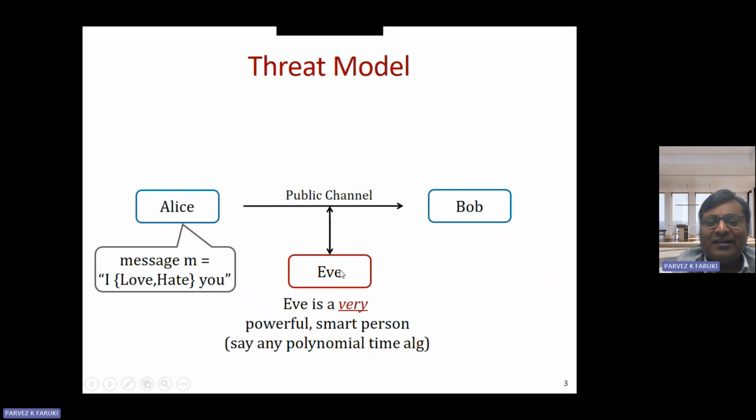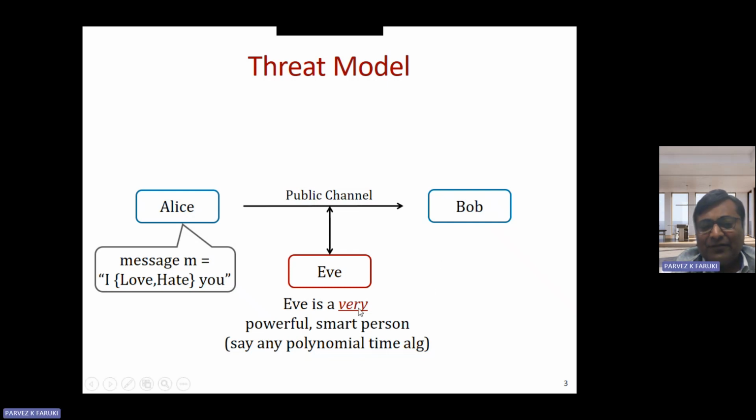And Eve is always interested in gathering private information about Alice, or about Bob, or about both. So ultimately, what has Eve to gain? Eve gains money by breaching the security or privacy of Alice, Bob, or Alice and Bob both.